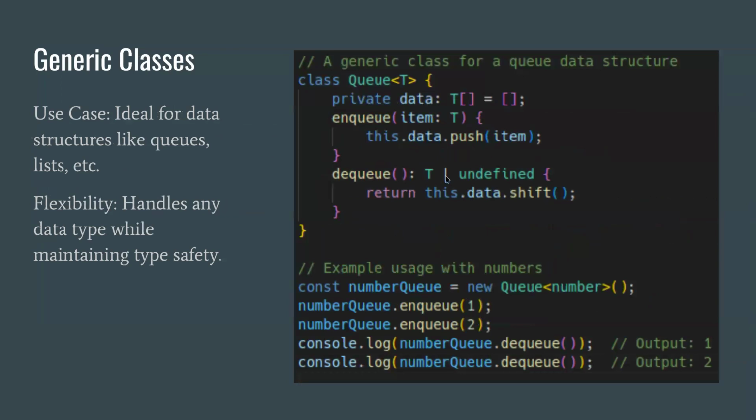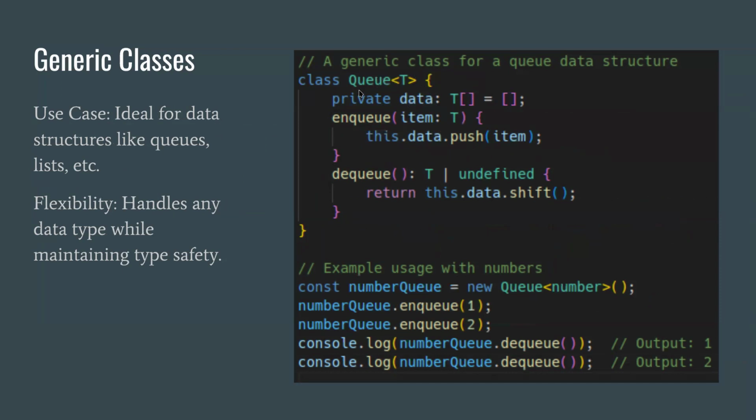Generic classes. Generic classes are particularly useful when building data structures. One example would be a Queue.